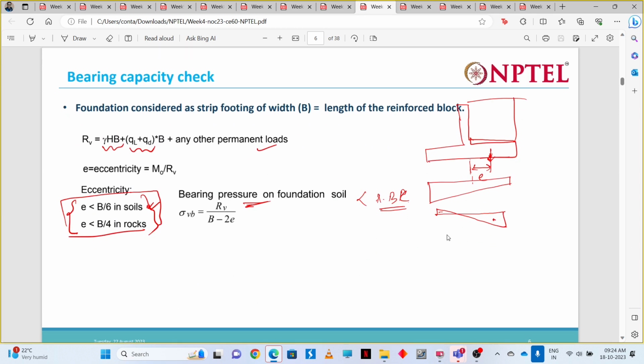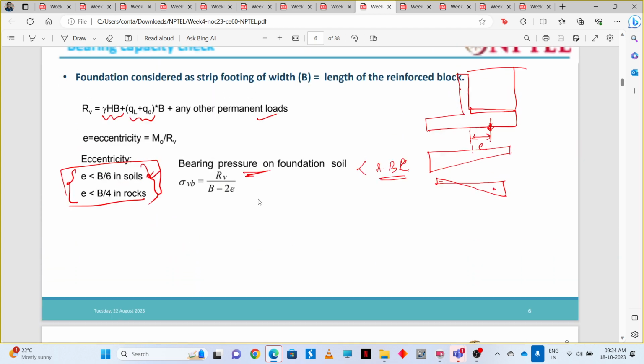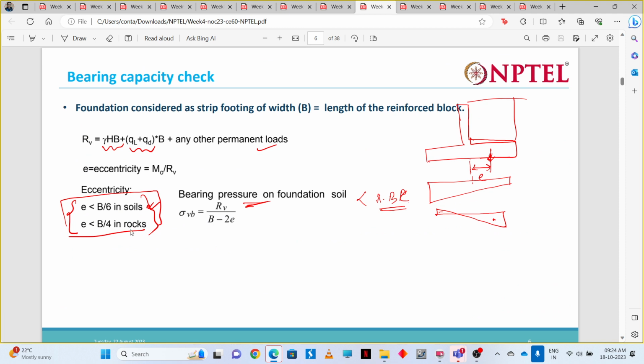Then ultimately we need to check for the bearing capacity. We need to calculate the bearing pressure at the base of the retaining wall, and we need to ensure that the bearing capacity is greater than the bearing pressure that we calculate at this level.